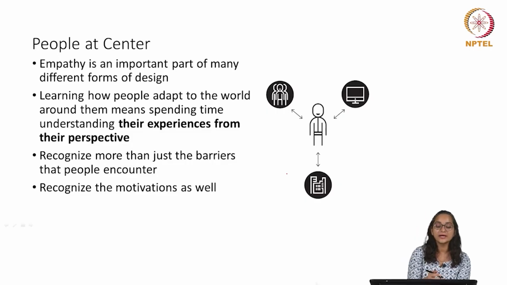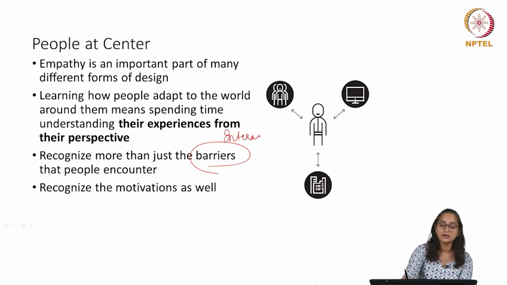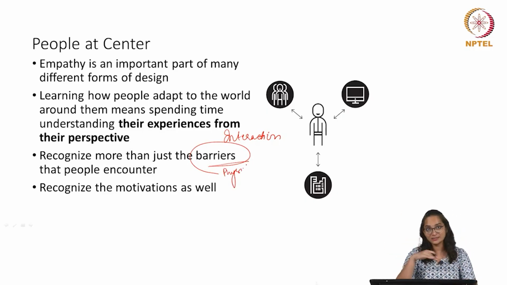We need to recognize more than just the physical barriers or the interaction related barriers, which are more physiological. I think we also had a discussion about Maslow's hierarchy of needs. The interaction related or physiological barriers are at the bottom of the triangle, remember.